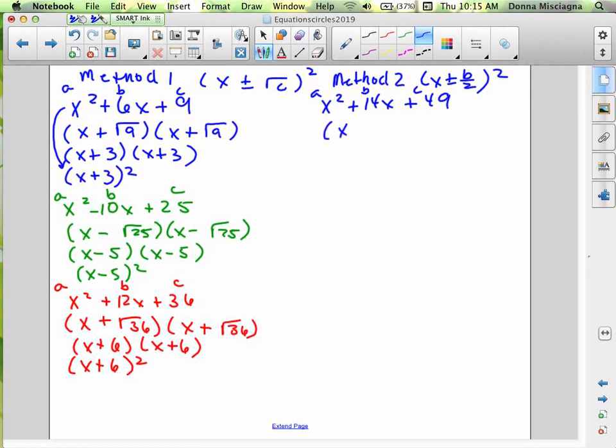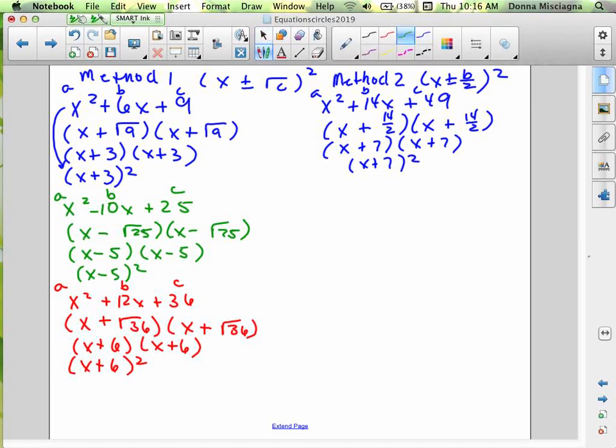No matter which method I use, the sign here is the sign of b, so it's a plus. And then this would be x plus 14 divided by 2. 14 divided by 2 is 7. X plus 7 times x plus 7, which is x plus 7 squared.